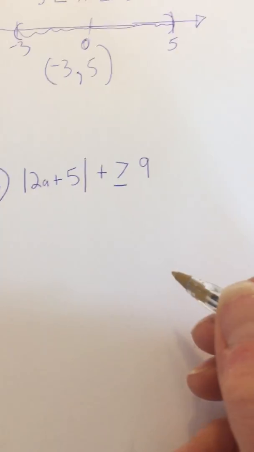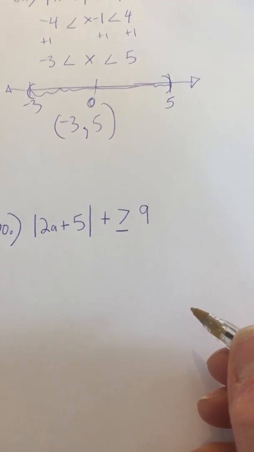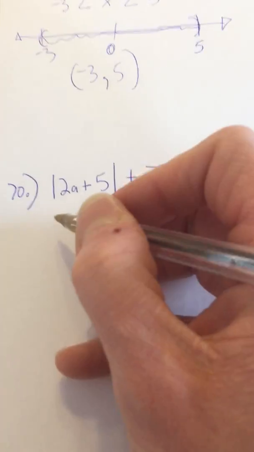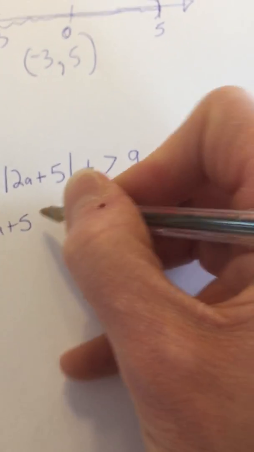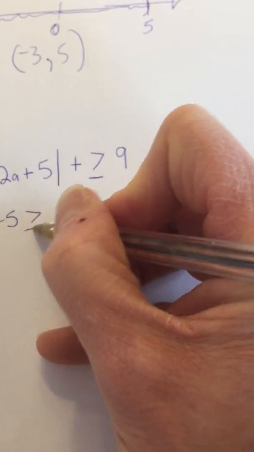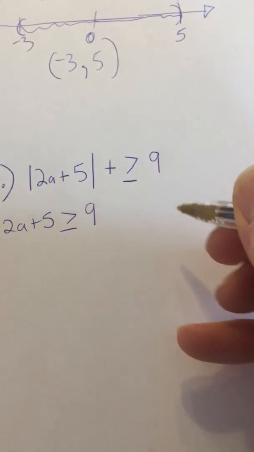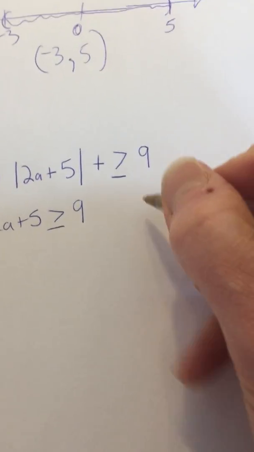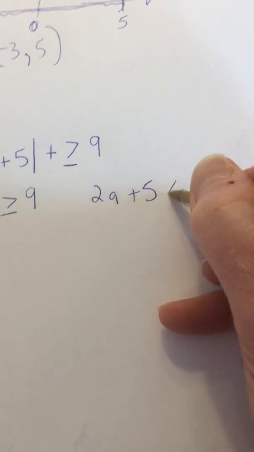All right, for this one, I'm going to think of it as the -9 and the +9. So 2a plus 5, and you're going to keep it like this, 9. And then over here, you're going to have to flip the sign. And that's one thing I found out the hard way.